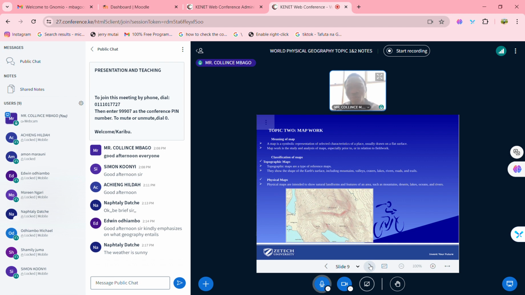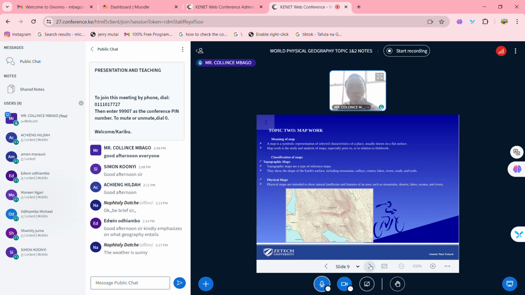A map is a symbolic representation of selected characteristics of a place, usually drawn on a flat surface. Then we have map work. Map work is the study and analysis of maps, especially prior to or in relation to field work.